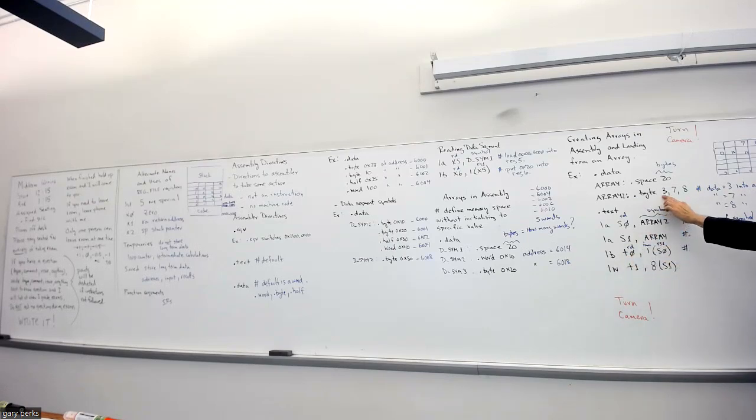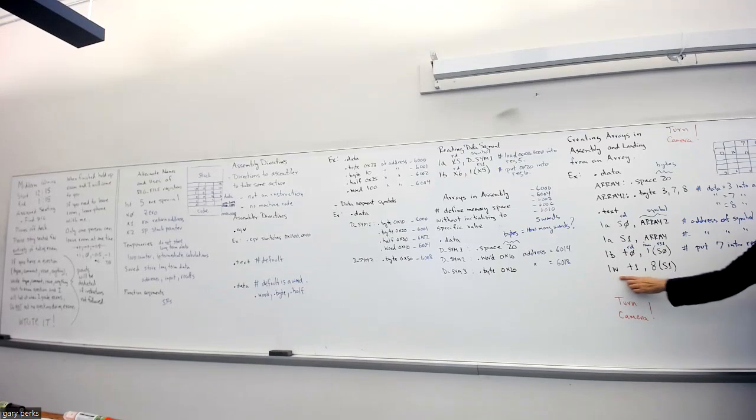So this data is at 6014. This data is at 6015. So you see, this is going to put 7 into register T0. Does everybody see that? Okay, what's this load word instruction going to do?